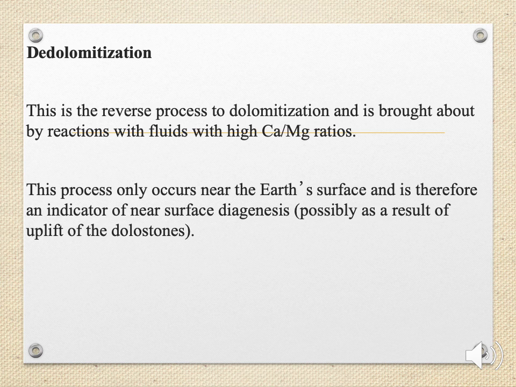So this is opposite, a high calcium-magnesium ratio. Now, this process only occurs near the Earth's surface and is therefore an indicator of near-surface diagenesis, possibly as a result of uplifted dolostones.